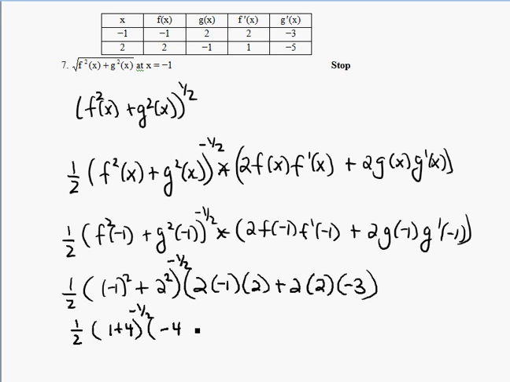I get negative 4 minus 12. 4 times 3 is 12 with a negative. So I get 1/2, 5 to the negative 1/2, negative 16. So I simplify that. This cancels with this. I get negative 8. So I get negative 8 over the square root of 5.